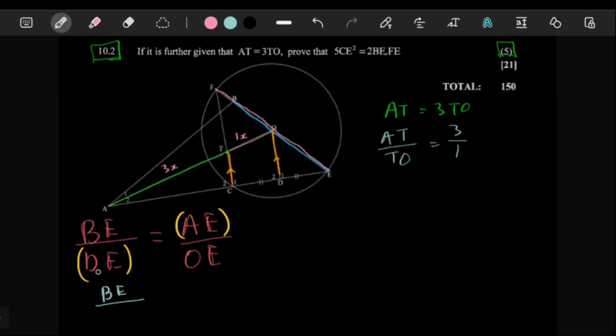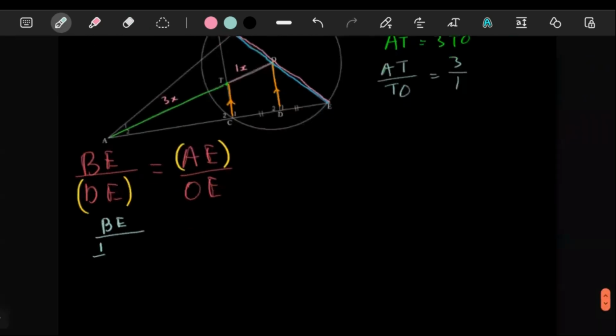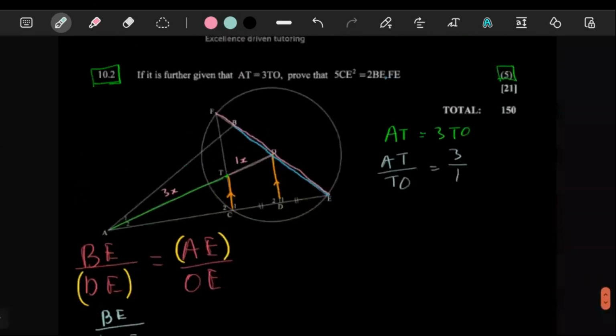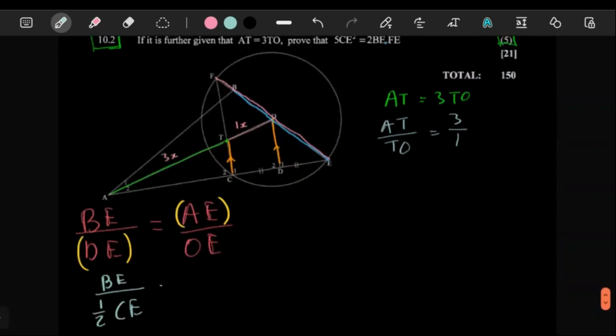But then here we have DE, whereas in our expression, they have CE. But then what we know is that DE is just half of CE. You see? So we might as well write it as that, half of CE, because it's better for us to be having these kind of letters in our expression here.